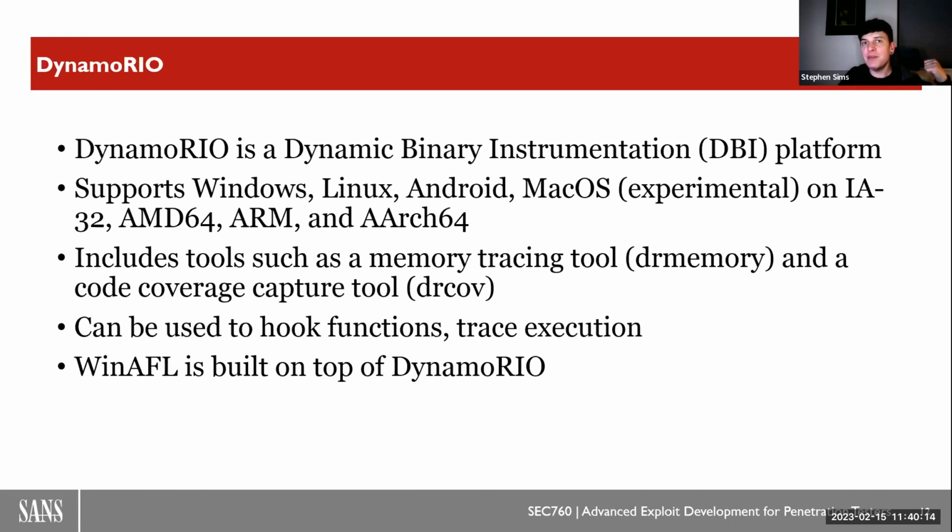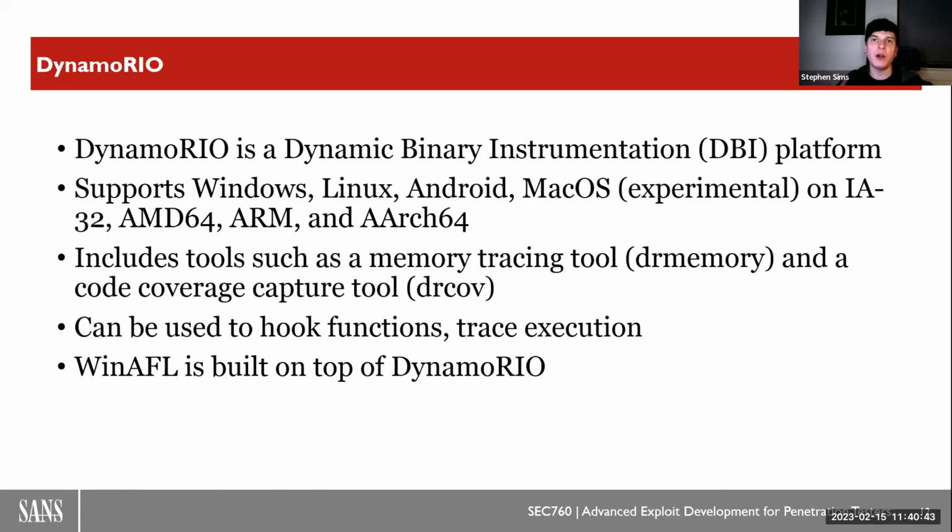So I talked previously about source code assisted fuzzing. What if we don't have the source code? DynamoRIO is an example of a framework and a set of tools that we can use to stalk an application while we're fuzzing it, to see what kind of code coverage depth we get by recording the blocks of code within a function within an application.